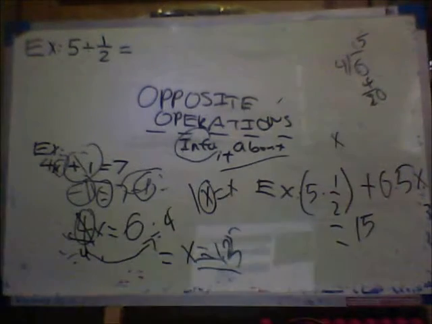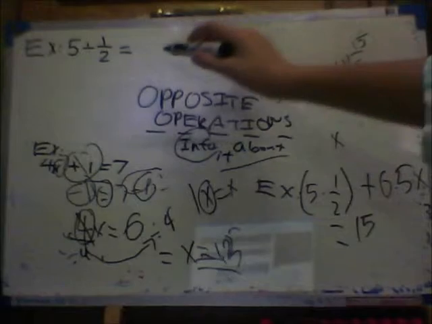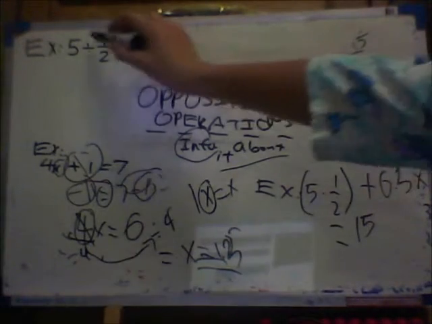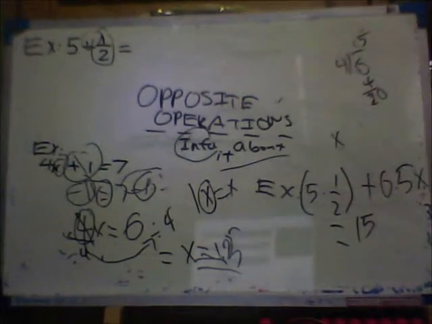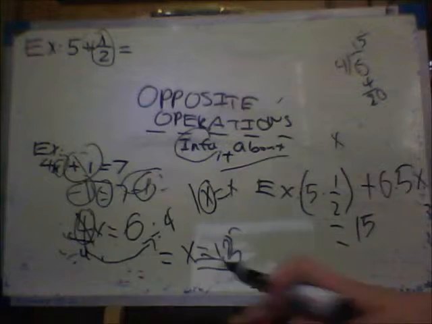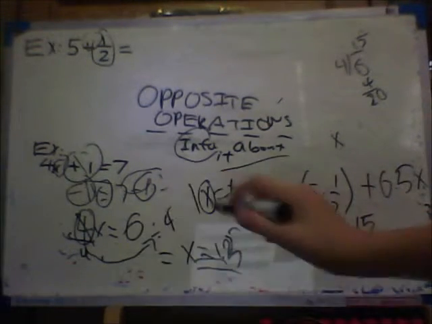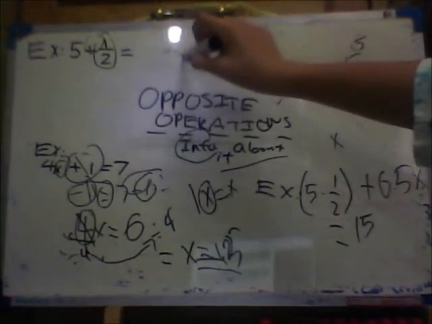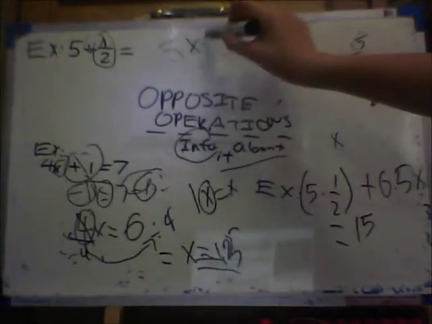Example on the top, like over here. This one is also an opposite operation question, because it's a divide and a fraction. So you learned about the reciprocal, right? You turn this around. That's part of opposite operations. So 5 times 2 over 1.